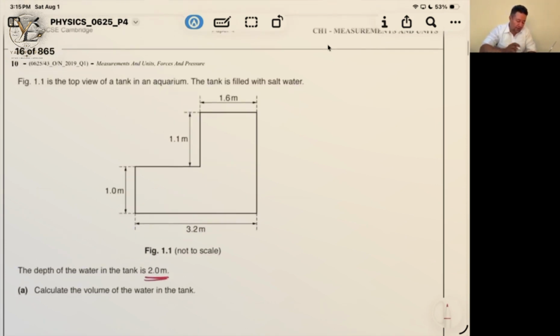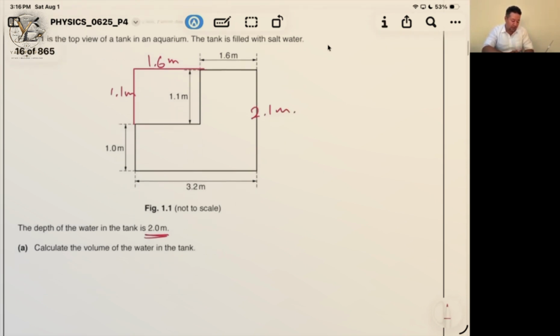How are we going to find this? We are going to consider this a whole square like this. What is the missing part? This part is 1.1 meters, and here it will be 1.1, but it will be 2.1 meters, and this one 3.2, 1.6, so 1.6 meters. We are going to find the total area of the whole rectangle, and then we are going to subtract the small part.